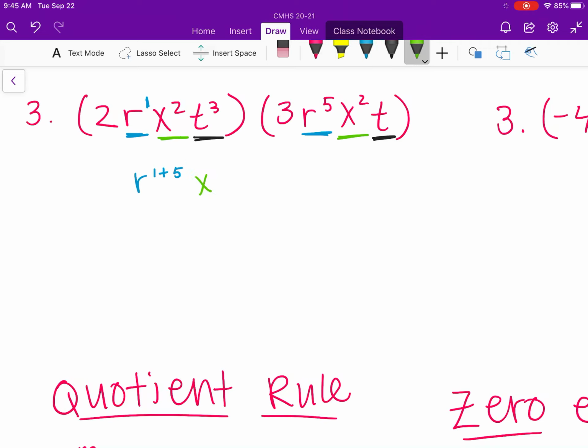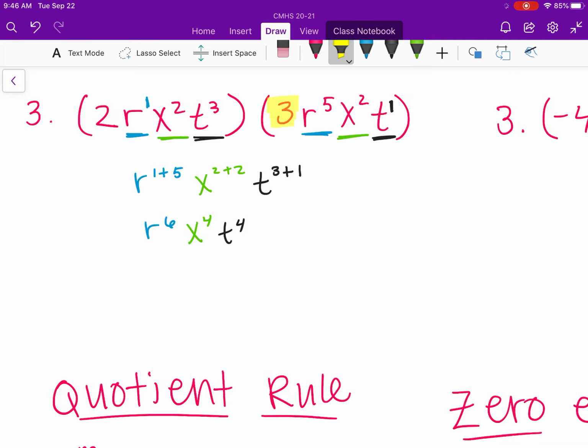For the green, we have x, 2 plus 2. And then for the t, we have a 3 plus another invisible 1 over here. Okay, so we will simplify. We have r to the 6th, x to the 4th, and t also to the 4th.